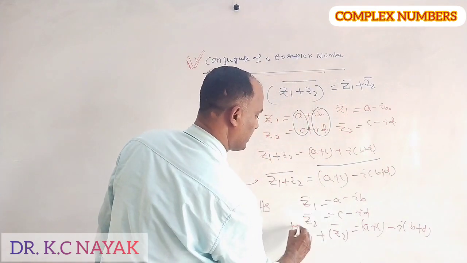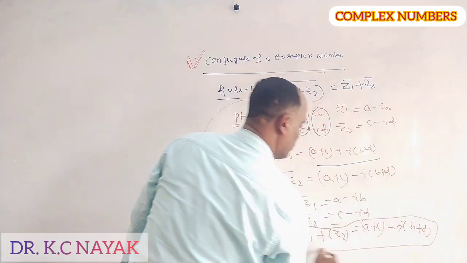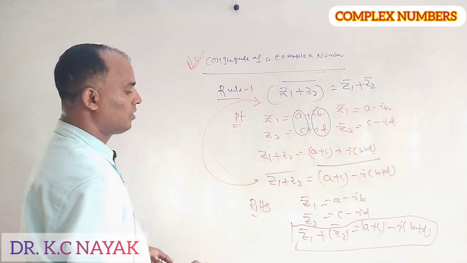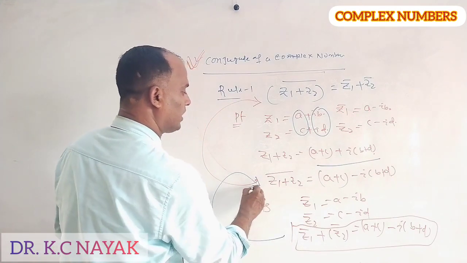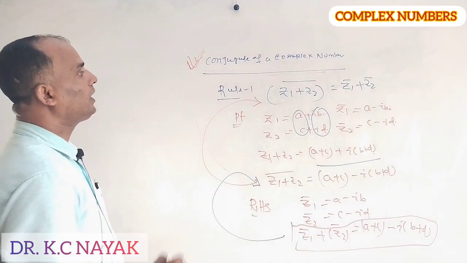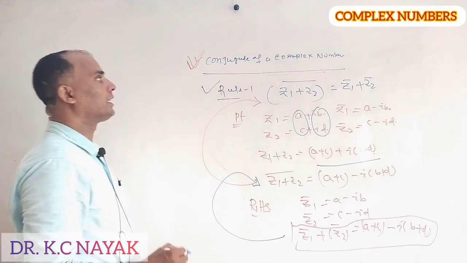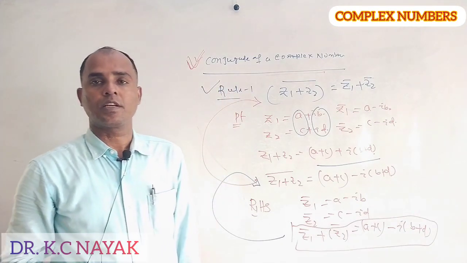That is, z1 bar plus z2 bar is equal to z1 plus z2 whole bar. That is another rule in the case of the conjugate of a complex number.